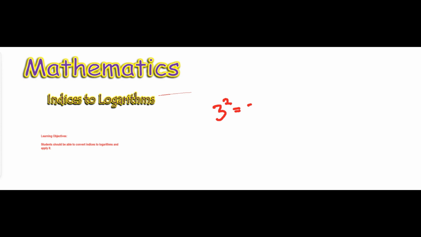It can be expanded as 3 times itself in 2 places, which will give us 9. When I have 3 raised to the power of 4, it means 3 multiplied by itself in 4 places, which is 81.